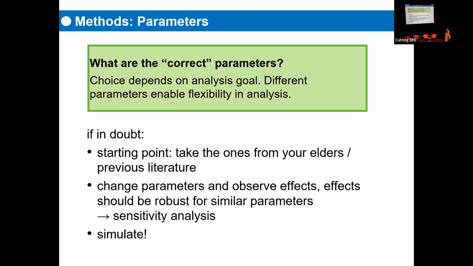The effects you want to obtain should be robust for similar parameters. This is called sensitivity analysis, and you will soon figure out what the crucial parameters for your own work are. I could give another lecture on how simulation is useful for building intuition in these things, but not today.